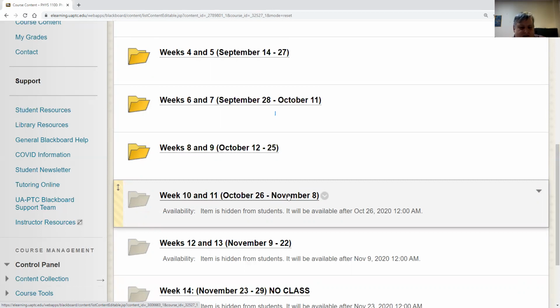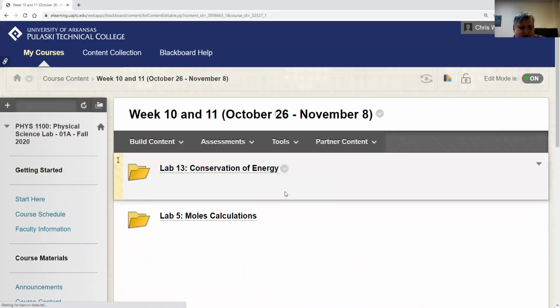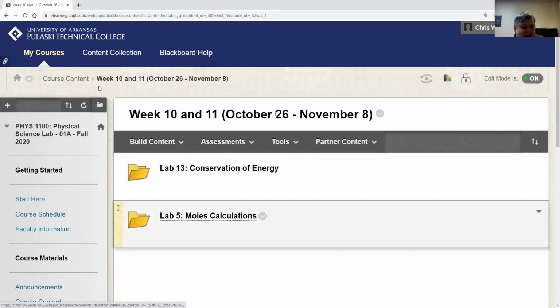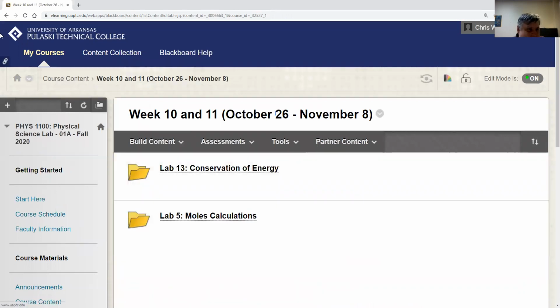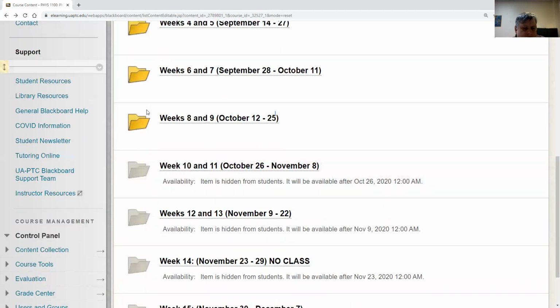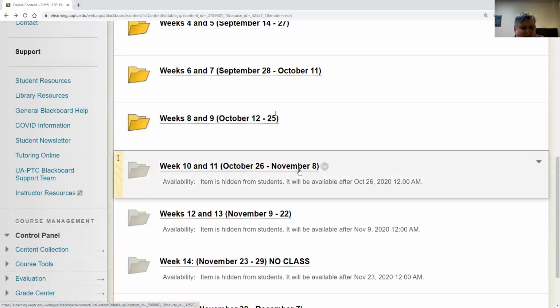So, for instance, week 10 and 11 has lab 13 and lab 5 in them. So you'll need to have those done by November the 8th. I'll set this folder to close on November the 8th. So if you don't have them in, you won't be able to turn them in after that date.